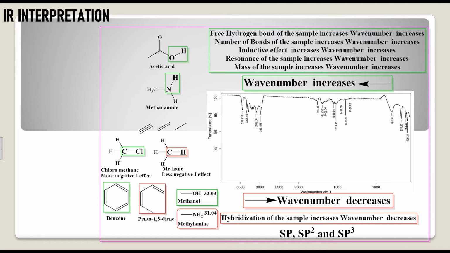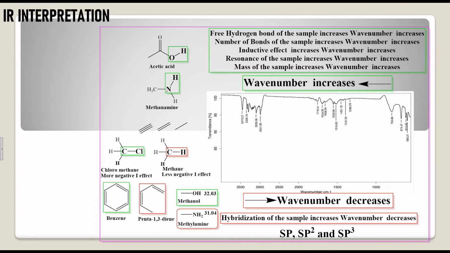So how these factors function, this knowledge has to be there if you need to interpret an IR spectrum. First one, you need an idea about functional groups. Second one, you should dismantle the structure based on the functional groups. Number three, you must know what factors are involved in the absorption of IR radiation.